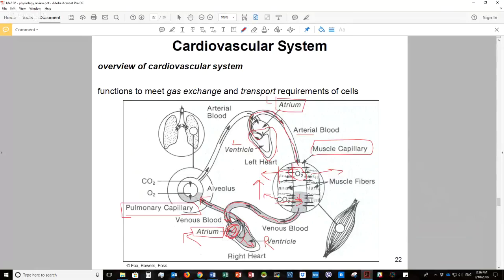So this is a pulmonary artery, but it has blood that's blue and deoxygenated, like you think of in a vein. But just remember, anything that's going away from the heart is an artery. Away, artery, and back to the heart is vein.